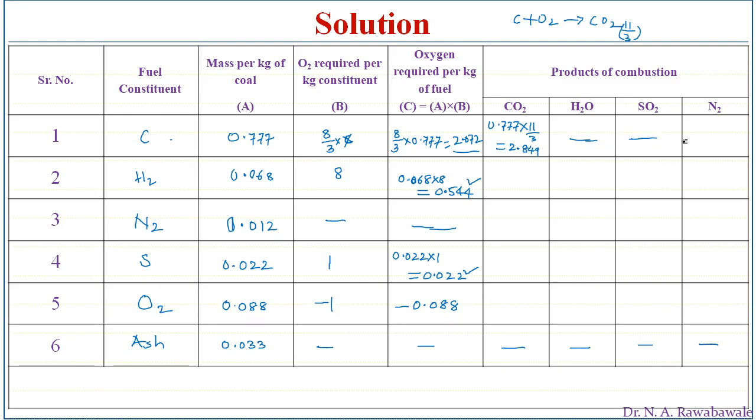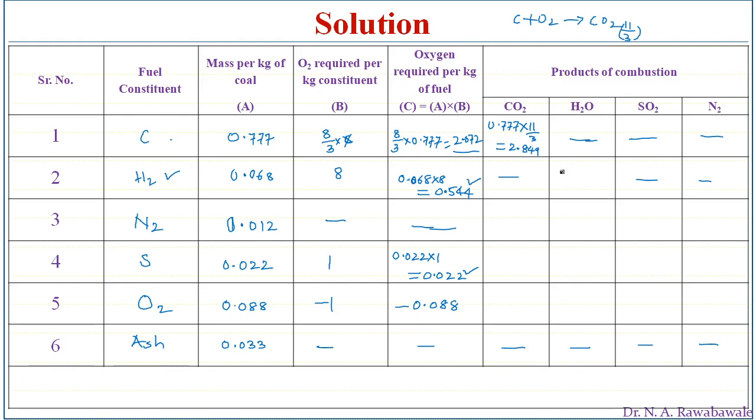When we burn carbon, it does not produce hydrogen, water, sulfur dioxide, or nitrogen. When we burn hydrogen, it produces water, and does not produce carbon dioxide, sulfur dioxide and nitrogen. Combustion of 1 kg of hydrogen in the presence of 8 kg of oxygen produces 9 kg of water.